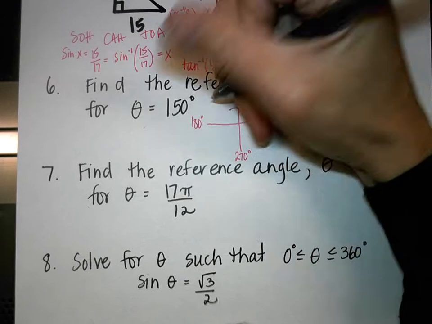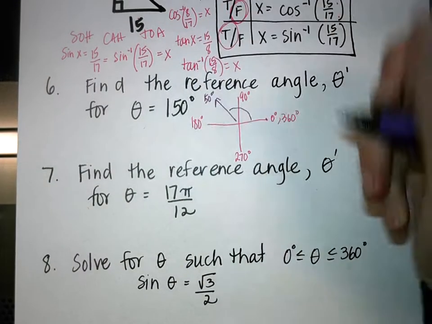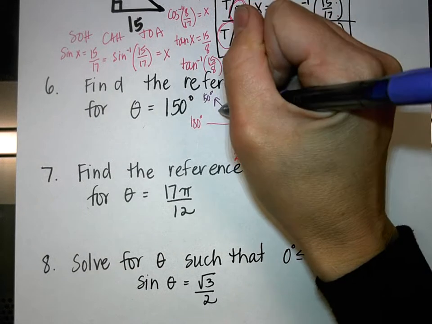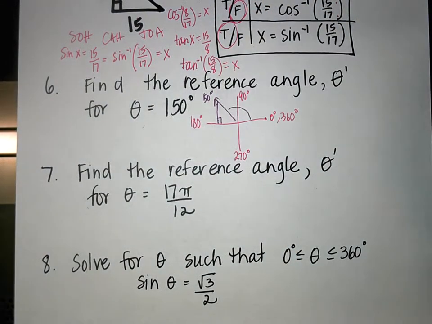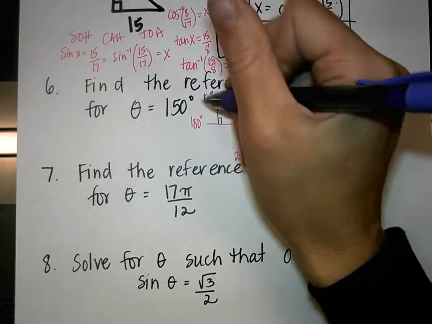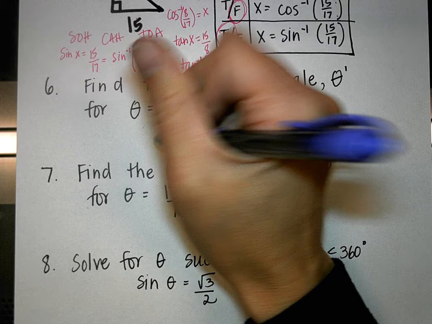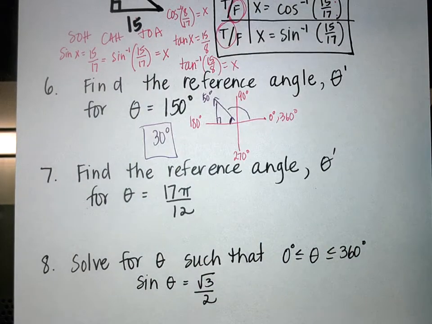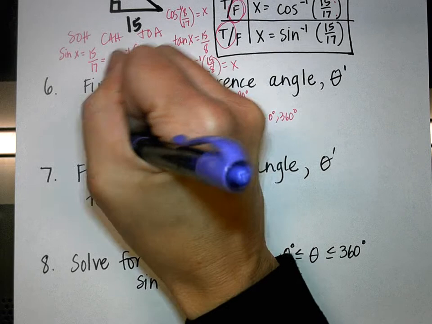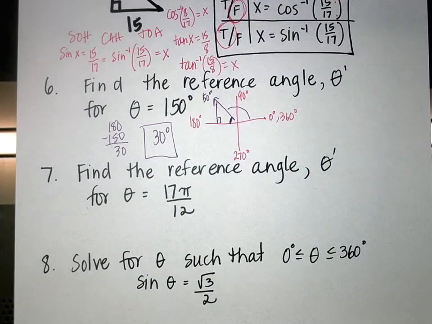So we draw this. This would be 150 degrees. And your reference angle, it always goes to the x-axis. It is always positive, and it's always less than 90 degrees. And so 150 to 180, this little angle right here, the reference angle is 30 degrees. You can also just find that by taking 180 minus 150, and you end up getting your 30 degrees.